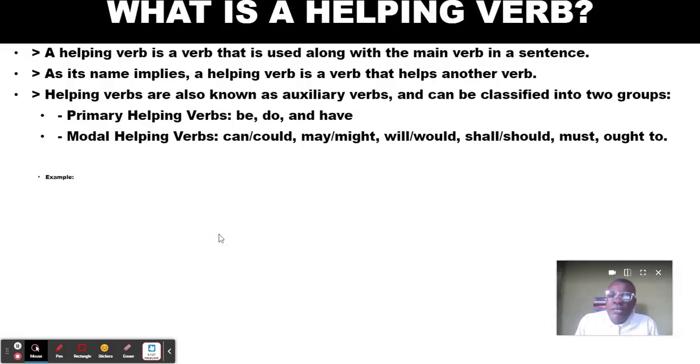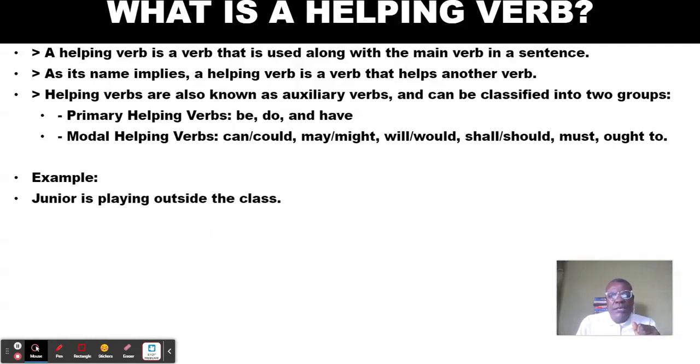So let's look at an example of how a helping verb can be used. Junior is playing outside the class. The helping verb here is "is," and the main verb is "playing."